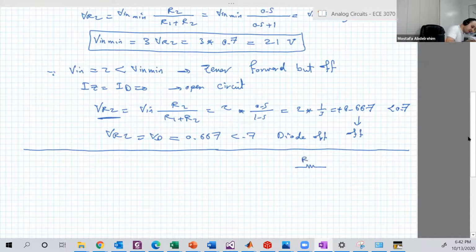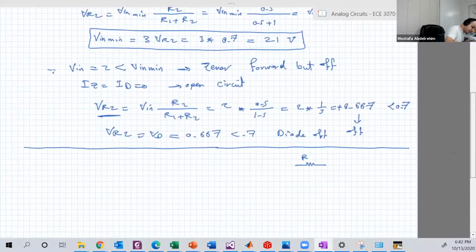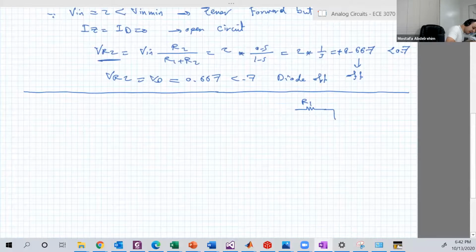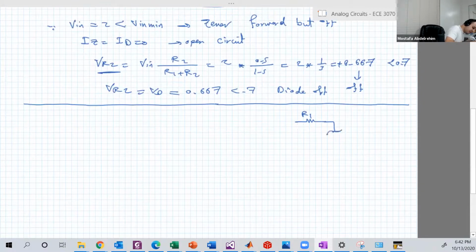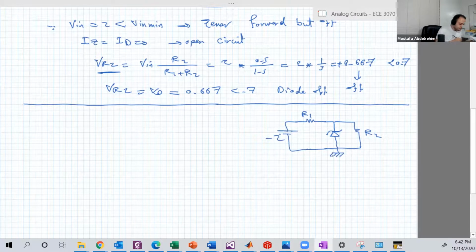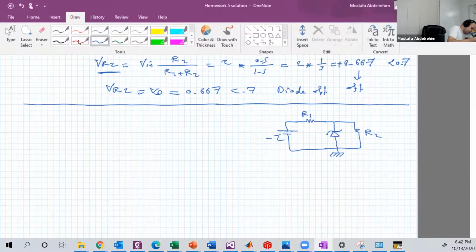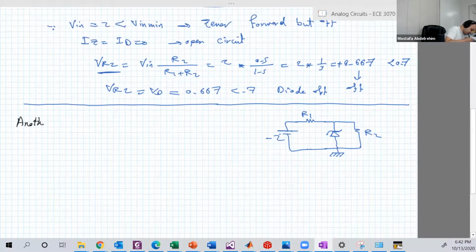This is R2, this is R1, our Zener here, and R2 here, and we have a battery like this, which is -2. Okay. Again, so this is another solution. Again, it's better to flip the battery to know what exactly you are dealing with.